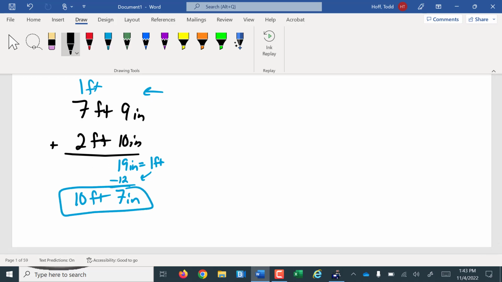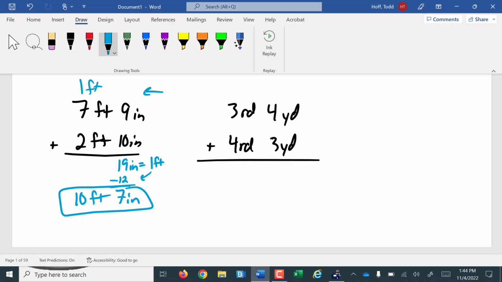We might have 3 rods, 4 yards, plus 4 rods and 3 yards. We'll get there. So 4 plus 3 is 7 yards.